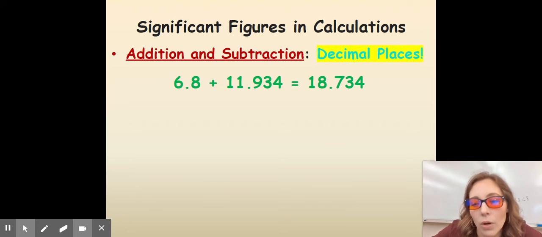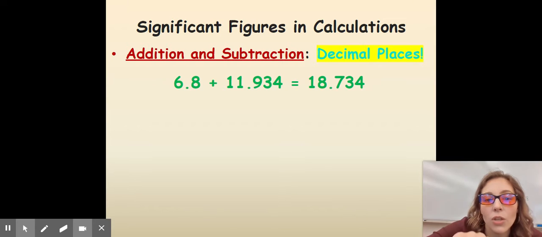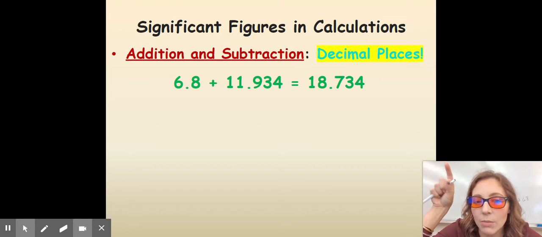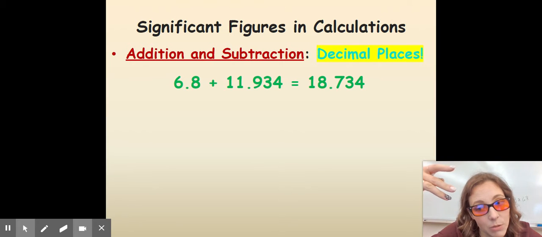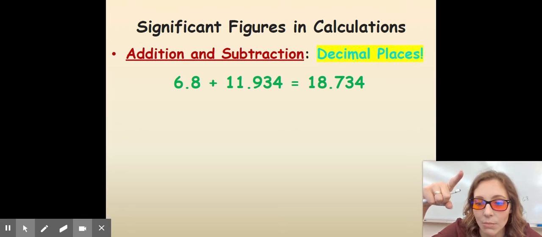I have to report the least precise number of decimal places as the least precise that I have. So 6.8, that's one decimal place. 11.934, that's 3 decimal places. So my answer has to be rounded to 1 decimal place because that's the least precise one.